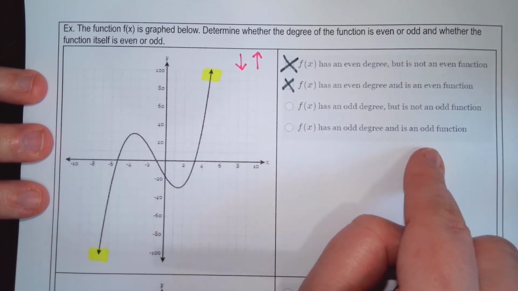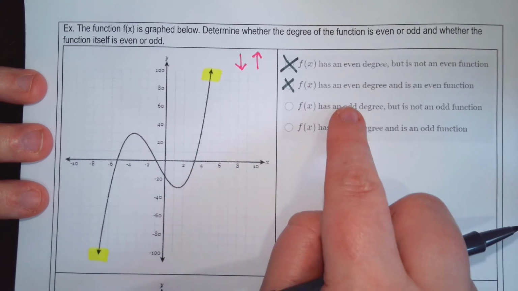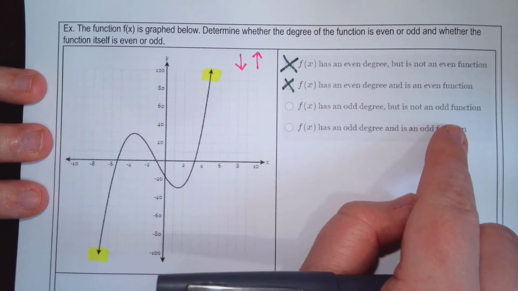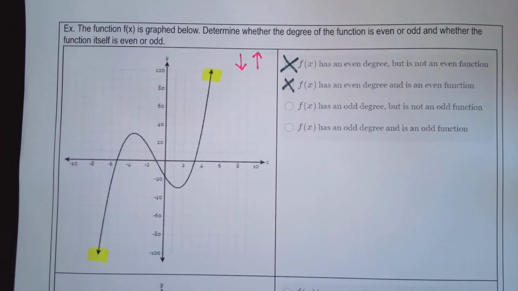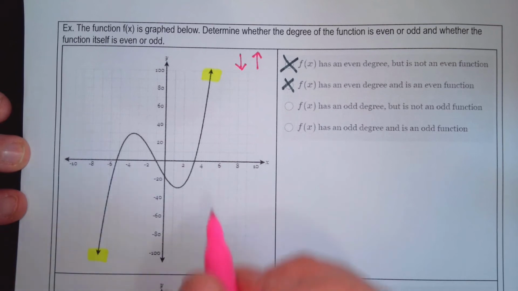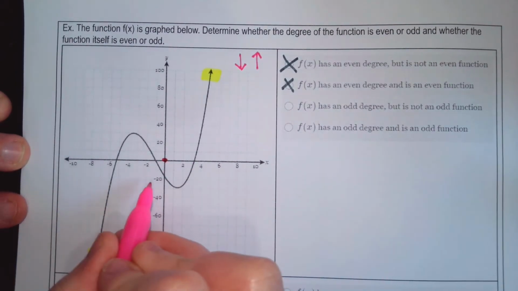Now we need to determine if it's going to be an odd function. Because if it's an odd degree, it's either going to be an odd function or not an odd function. So remember, for it to be an odd function, it's symmetrical about the origin, about 0, 0. Well, here's 0, 0.